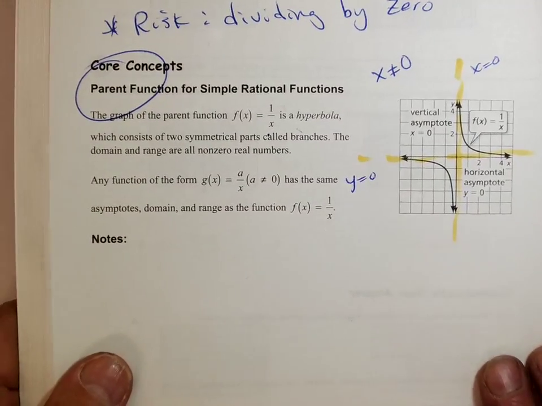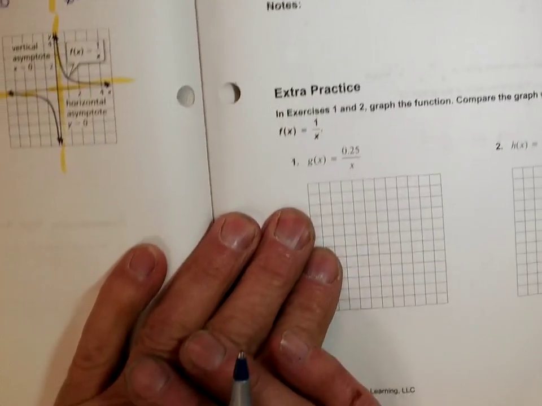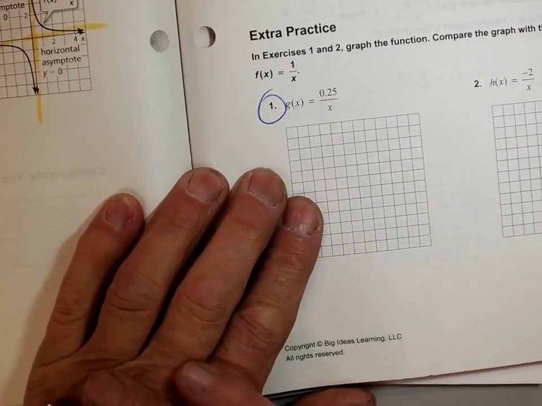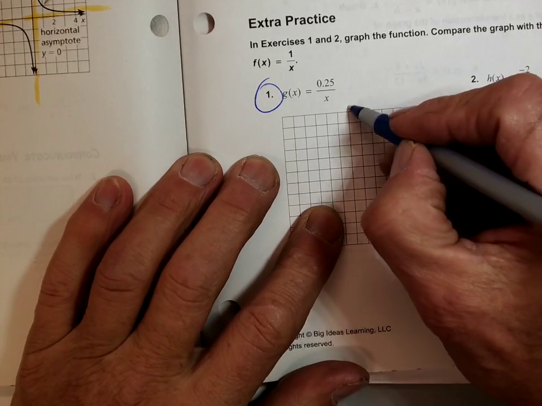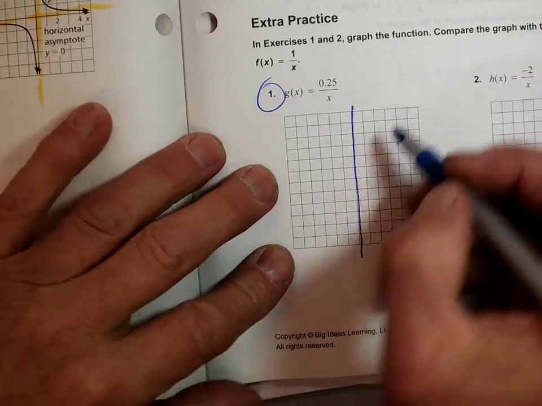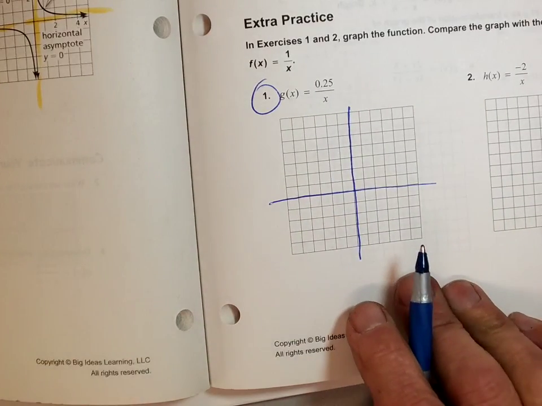All right, let's move the page over. Now, let's go to number 1. So, we just want a basic sketch. It doesn't have to be perfect, but one thing I'm going to do before I do a whole lot is I want to know where the asymptotes are.